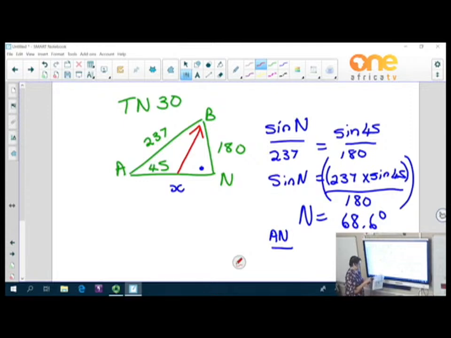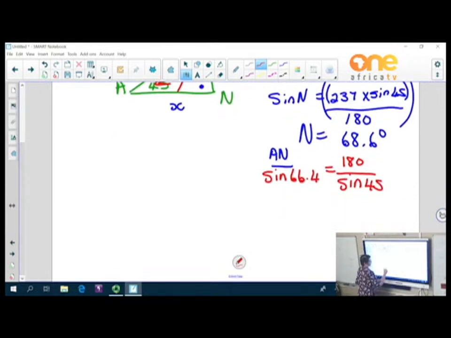So it will then be 180 degrees minus 45 minus that 68.6 degrees, 66.4. So over sine 66.4 is equal to, and now I'm going to take this 237, so it's that length. Remember, they must be opposite each other, over sine 45.